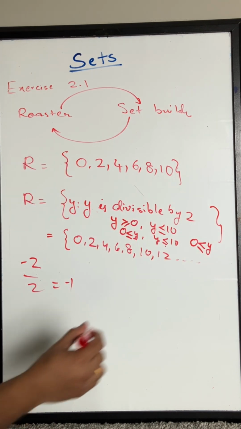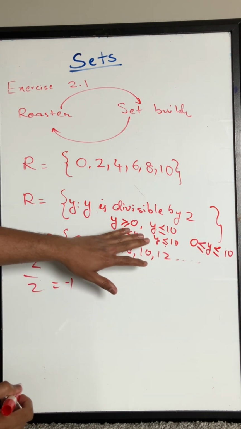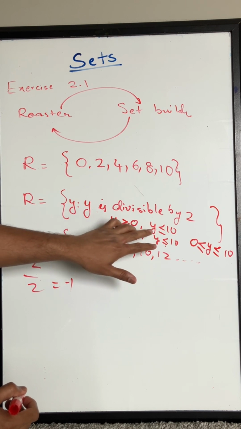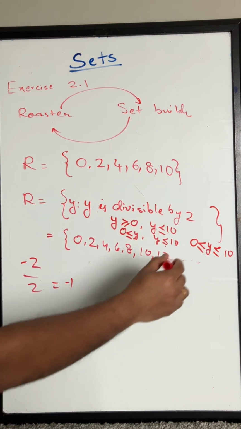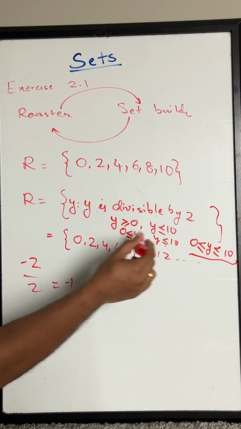Because 0 is also included, Y must be greater than or equal to 0 and Y less than or equal to 10. If I mix both into one, it becomes 0 less than or equal to Y less than or equal to 10.